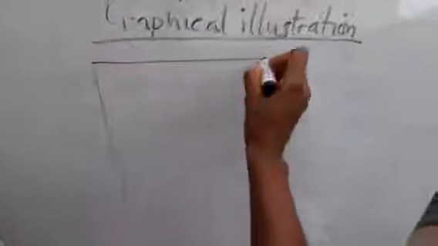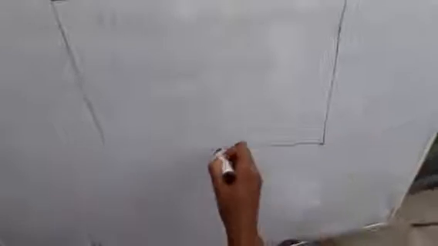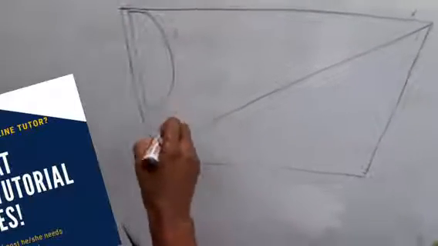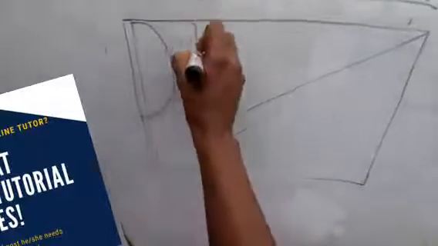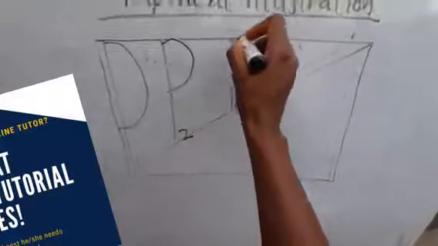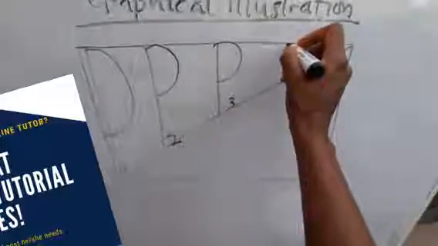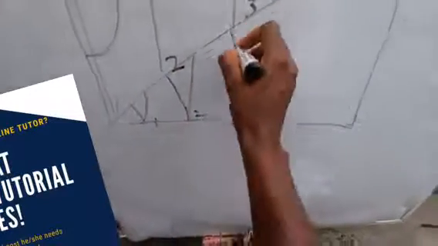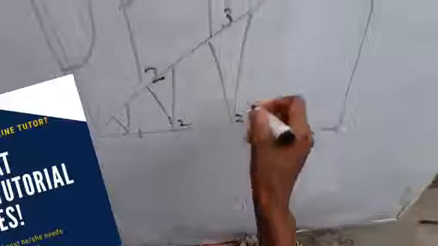Graphically, we can represent Boyle's law this way. This is P1, P2, P3, P4, and this is V1, V2, V3, V4.